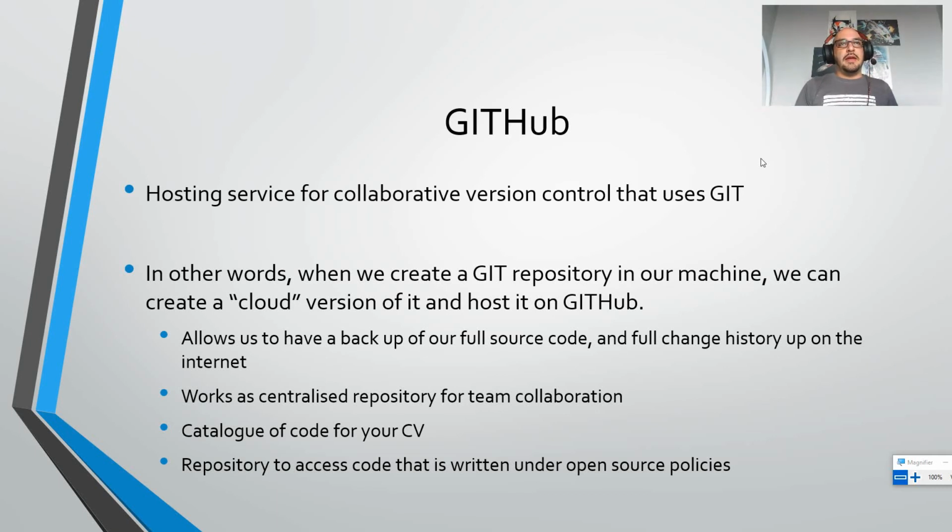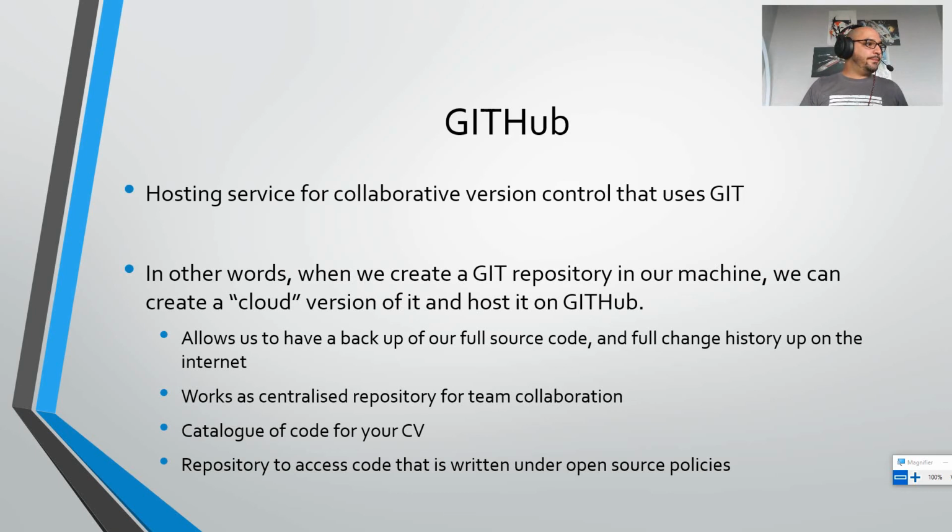So if you want to take a look at the source code of, for example, the Linux operating system, you can go to the Git repository and have a look at the source code if it is publicly available. Also, if it is an application that is privately owned and the source code is not available, but the owner wants to share it with you, they could do that through the GitHub account.